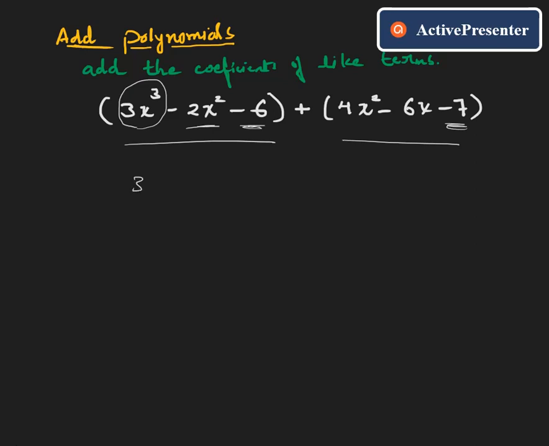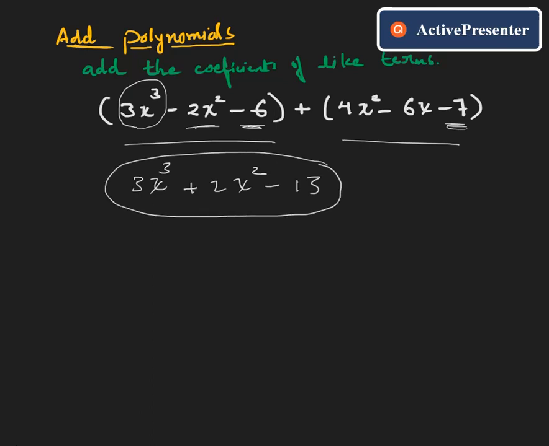So 3x cubed will remain the same, minus 2x squared with 4x squared should be plus 2x squared, and minus 6 with minus 7 should be minus 13. So now we have added the two polynomials.